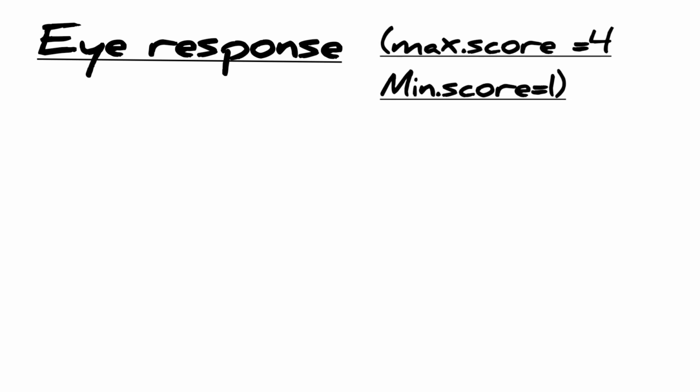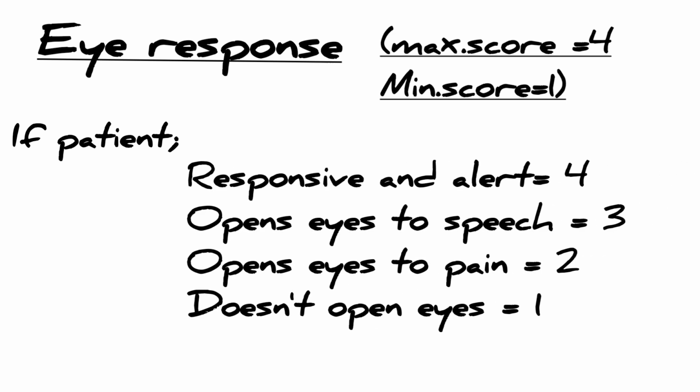The eye response has the highest score of 4 and a lowest score of 1. We award a score of 4 in case the patient is responsive and alert, therefore they open their eyes normally. Then we award a score of 3 in case someone is responsive to speech.